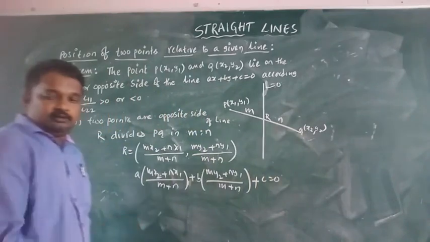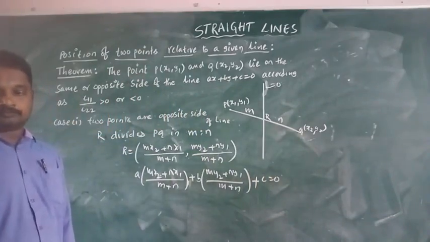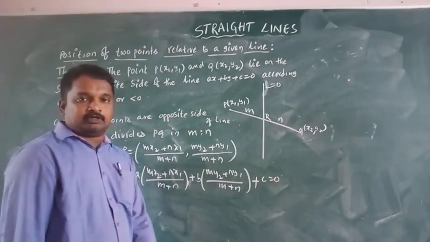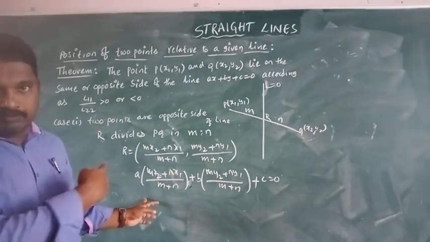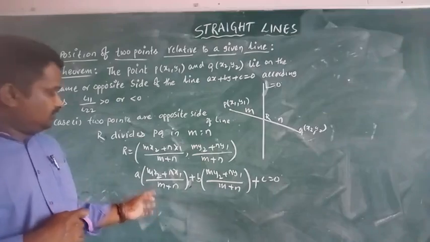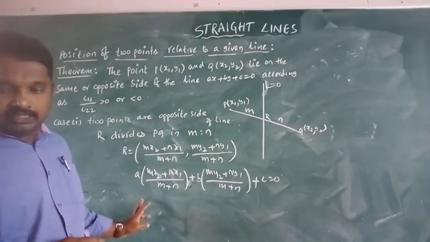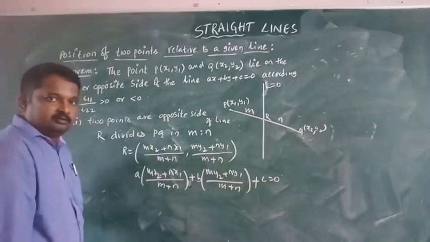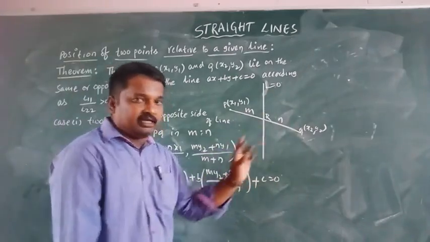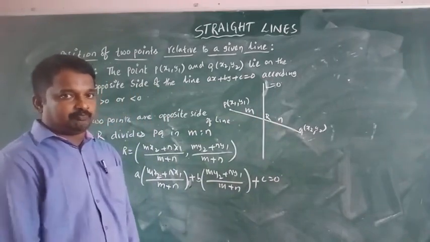So simplify, you will get some value. How may I simplify this? We already learned this previously, at the very beginning. So see here, this point R satisfies L equals to 0.